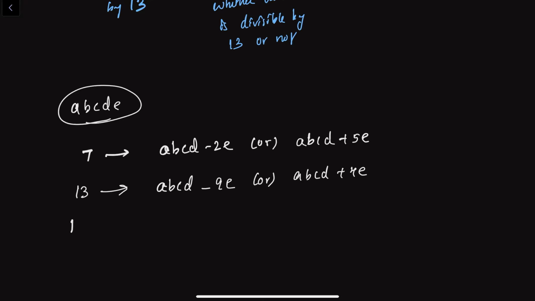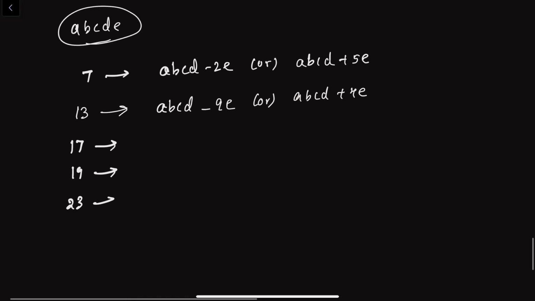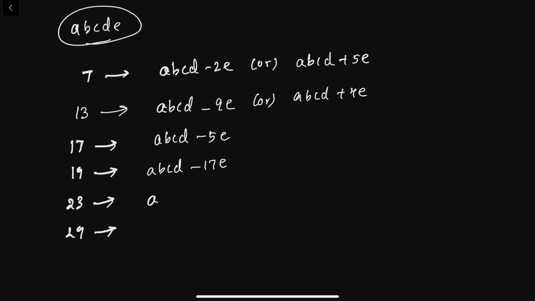In a similar way, we can also derive for 17, 19, 23, 29. For 17 it would be A, B, C, D minus 5E, and for 23 we have to look for the nearest multiple of 23 having 1 as the last digit, that is 23 sevens, 161, so 16E.